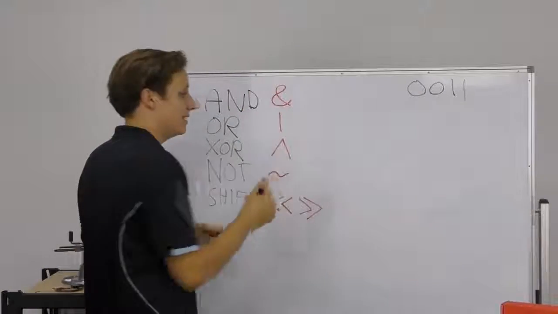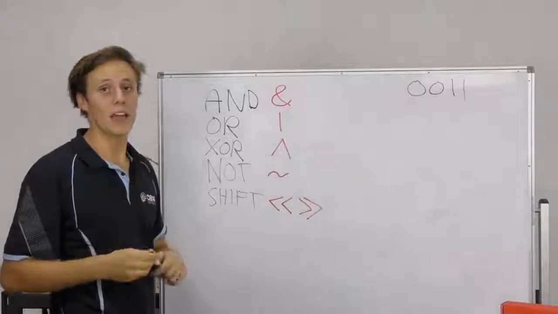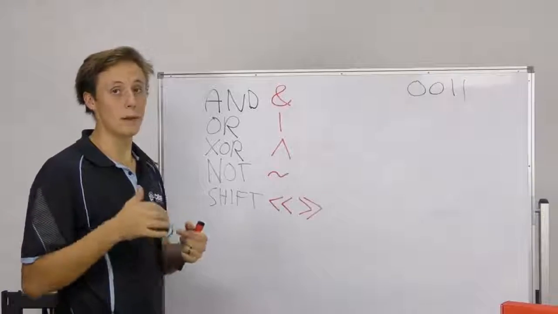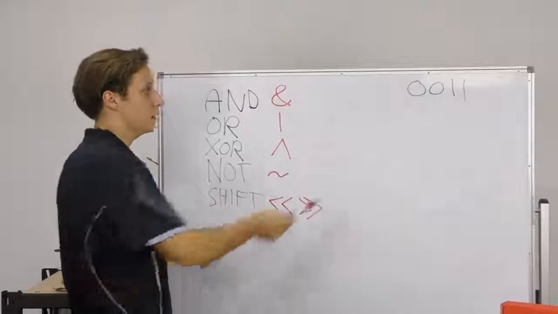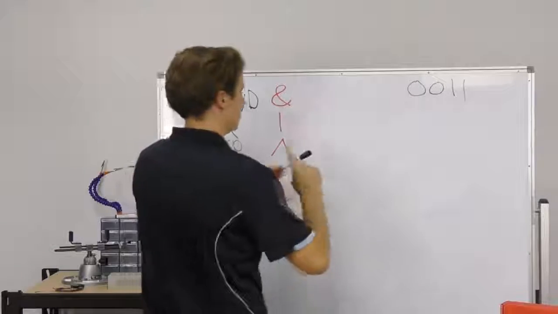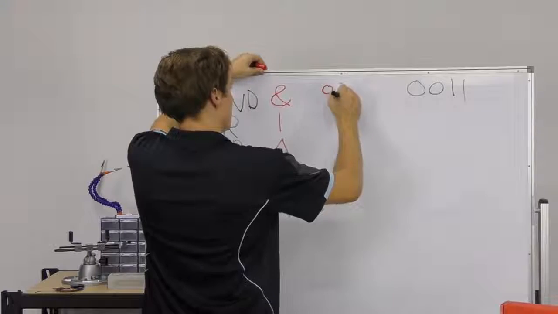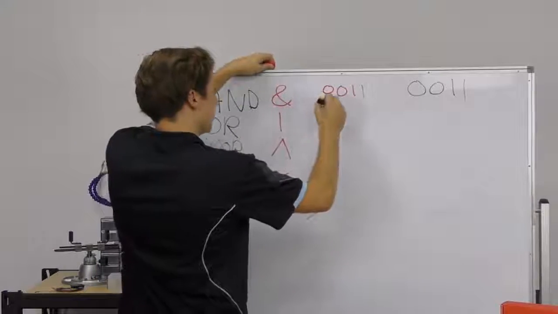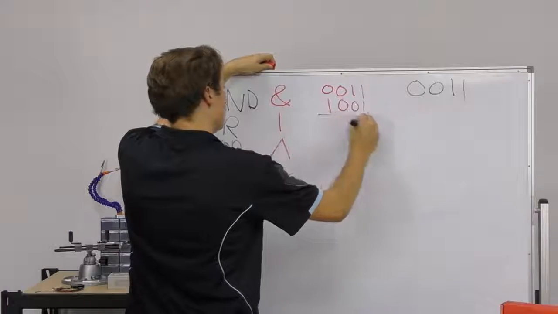Now, AND is designed to take 2 values and output a third value, and it will copy a bit to the output only if that bit exists in both operands. So to understand that, we'll perform it with 0, 0, 1, 1, and we'll use another 4-bit number, perhaps 1, 0, 0, 1.